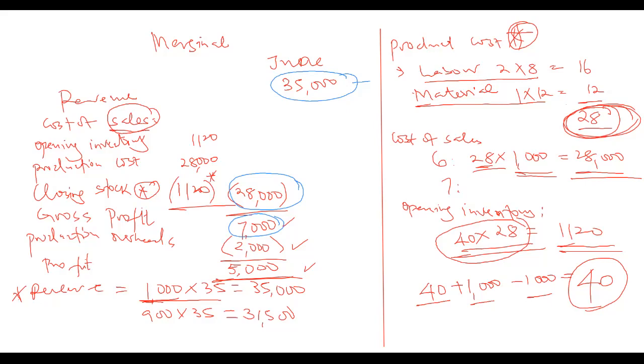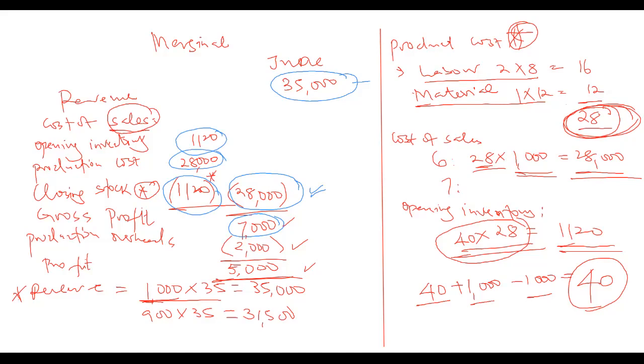I have a question. So is it correct to say revenue minus closing stock is equal to the gross profit? Because that's how we did it here. No, don't forget, this 28,000 we have here is equal to 1,120 plus 28,000 minus 1,120, and you get 28,000.